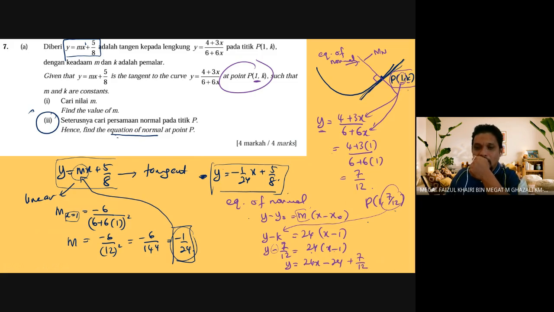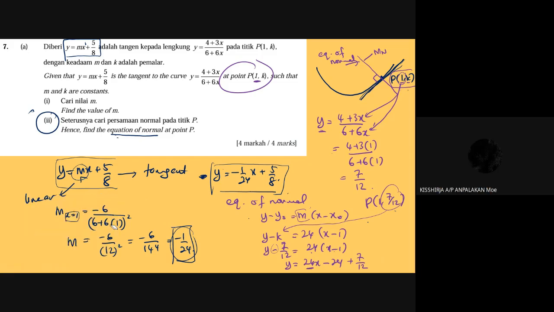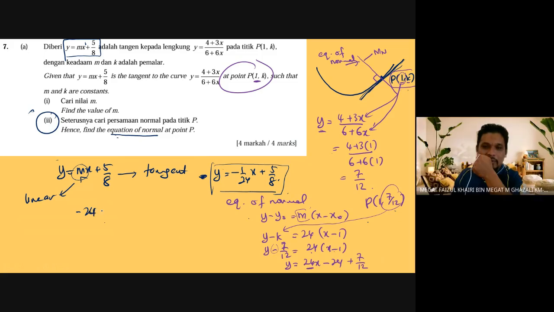Okay, 24x is a gradient. 24x, negative 24 plus 7 over 12.